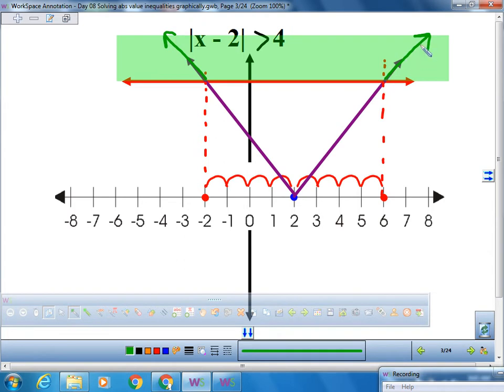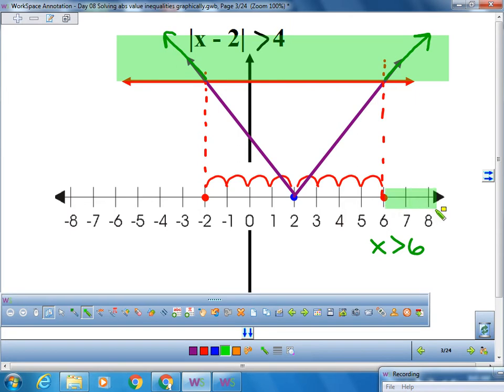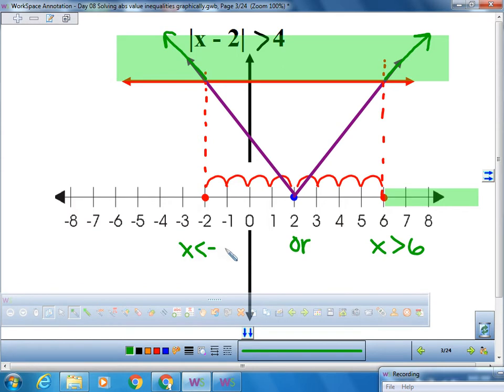And if I apply that to the number line, it's where x is greater than 6, right? So on this number line, I could actually shade here. Or either this is occurring, x is greater than 6, or x is less than -2, which is all the values here.